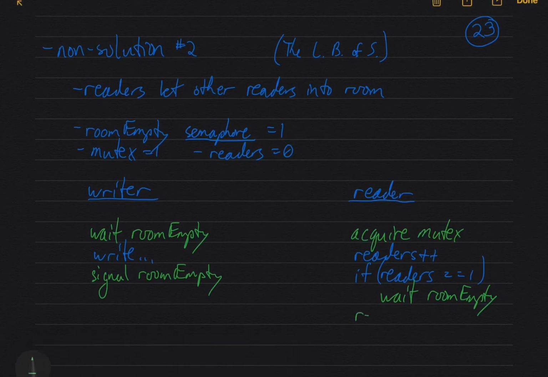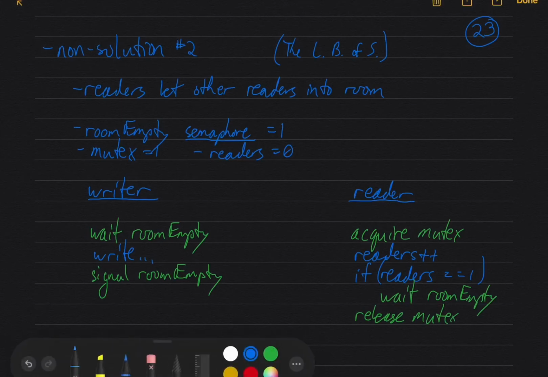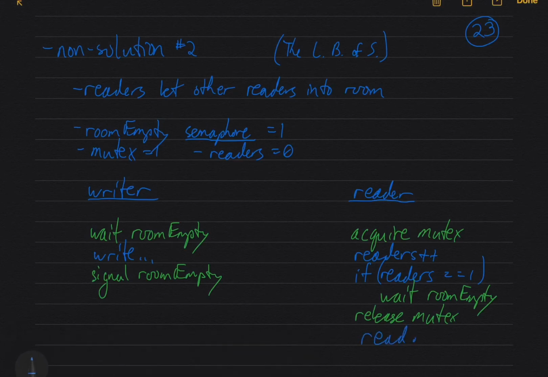So then it should release the mutex so that other readers can do their thing. And it is going to do the read. So this is the before, and then we've got the read part.